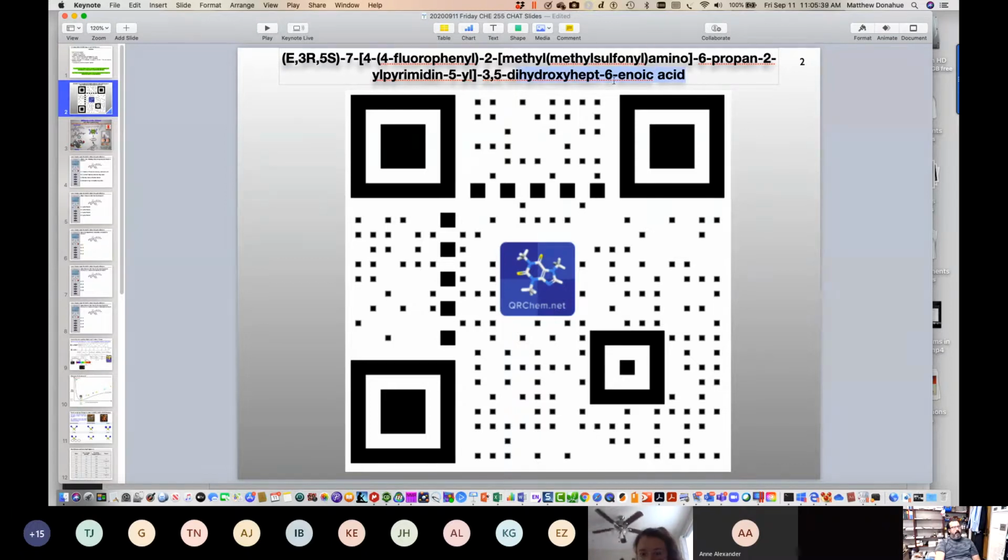It says hept-6-enoic acid. What that means is there's a 7-carbon chain. At the 6th position, there's an alkene. That's where the "en" comes from. And the main functional group is a carboxylic acid located at position 1. We'll go through all of that as time goes on, but that's just a preview of what we're aiming to do.